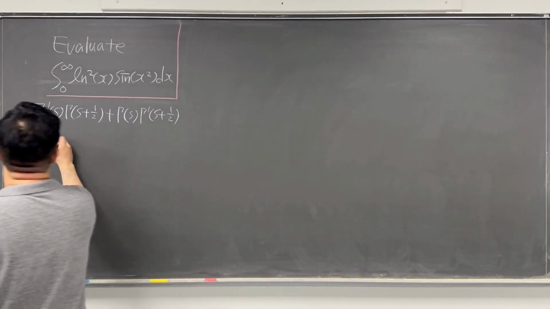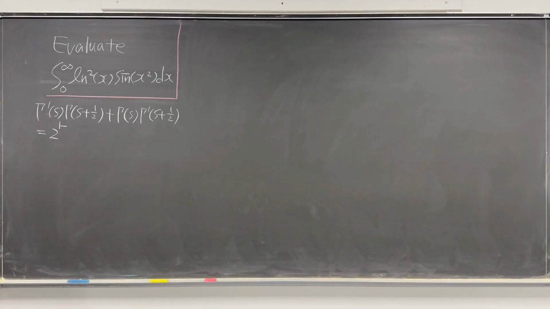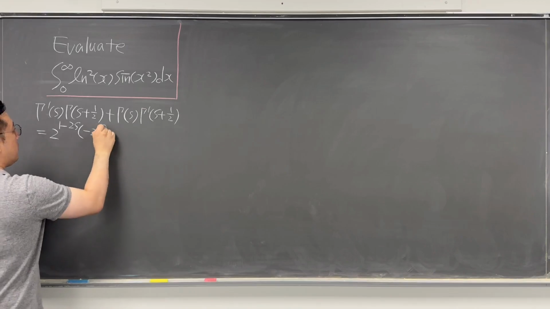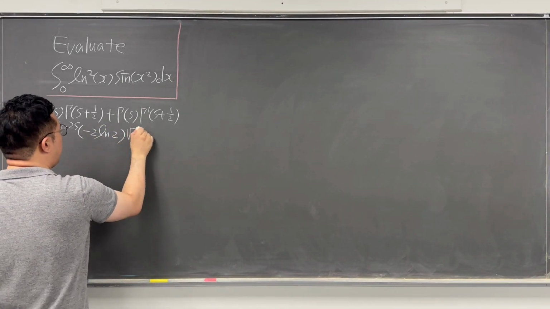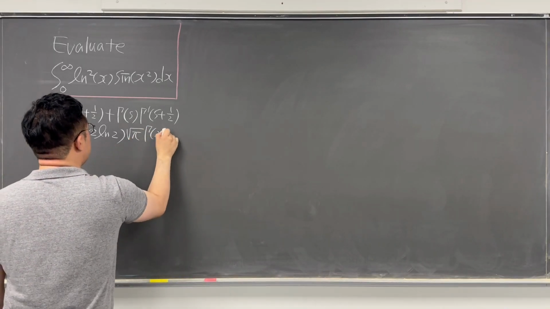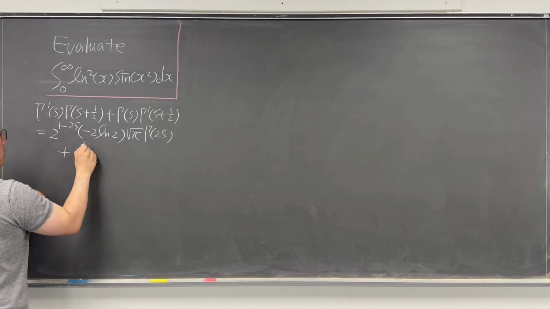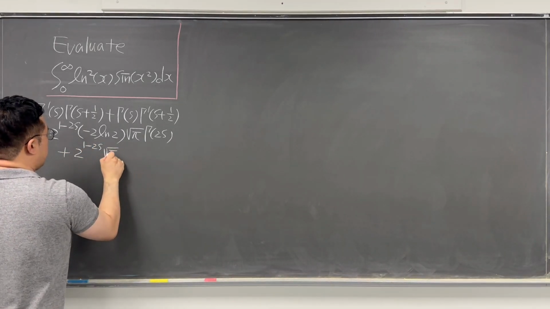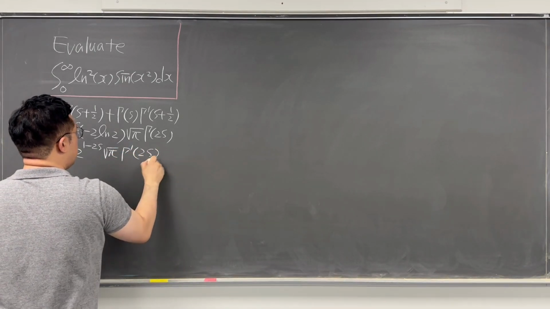This has to be the same as 2 to the power of 1 minus 2s, times negative 2 ln 2, times square root of pi times gamma of 2s, and then plus 2 to the power of 1 minus 2s times square root of pi times gamma prime of 2s times 2.